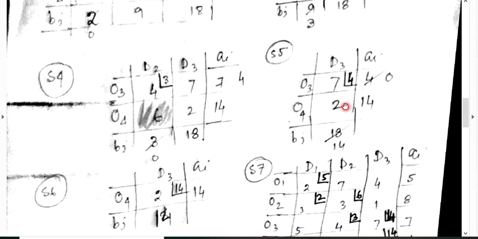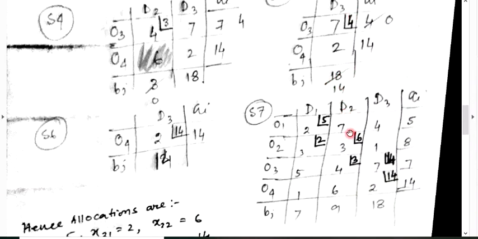In the next step we discard this column, so we have the rest of the matrix in this form, where we again allocate the minimum of 18 and 4. So 4 will be allocated, and this will complete the requirement of this row, and the remaining column requirement is 18 minus 4 equals 14.